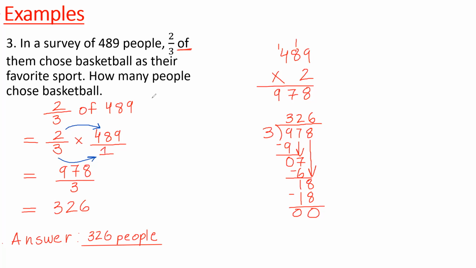So we just put it over 1. Then we multiply 2 times 489, and we get 978. Then we multiply 3 and 1, and we get 3. Then we divide 978 by 3, and we get 326. Thank you. So the answer is 326. So basically, if it's "of," you're going to multiply.